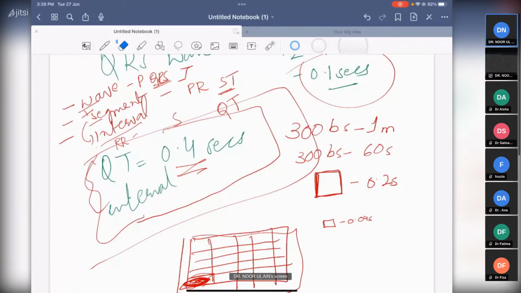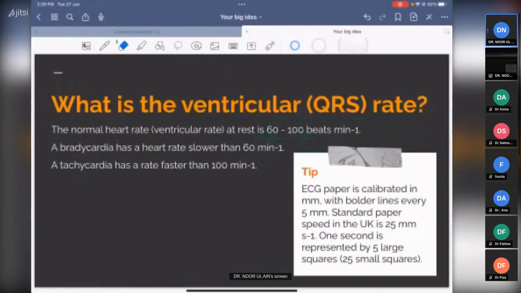Right? Okay. So now, when you're calculating the ventricular rate, you understand the ECG now. You know what is a big box, a small box, what to do, how to do. In the UK, for example, we're just referring to the UK. Why? Because the ECG moves at a speed of 25 millimeters per second. You guys see my screen, right? 25 millimeters per second, and 1 second is represented by 5 large squares.